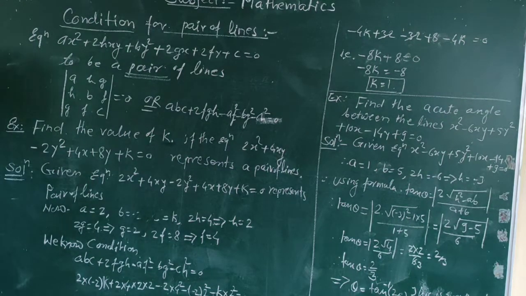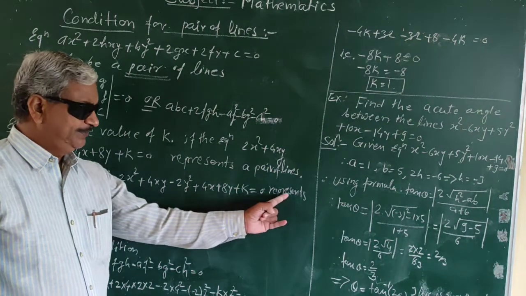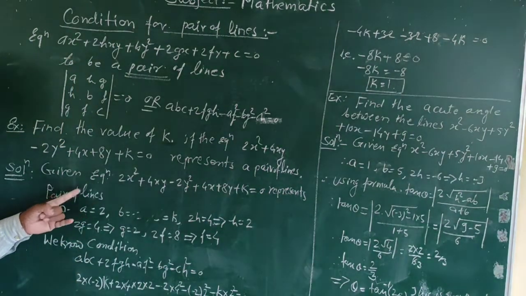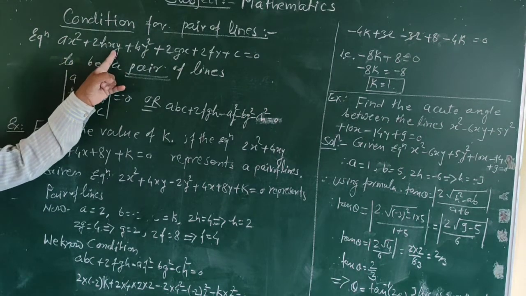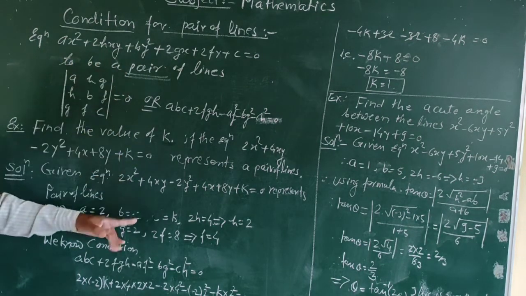So again we write the given equation here and we find the values by comparing this equation with the general equation. We don't write this general equation again and again.